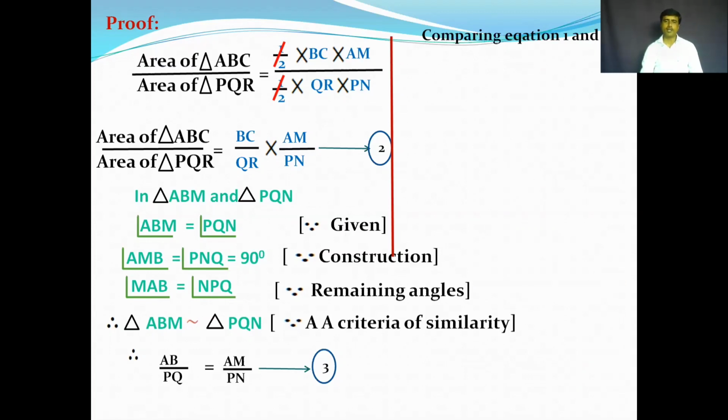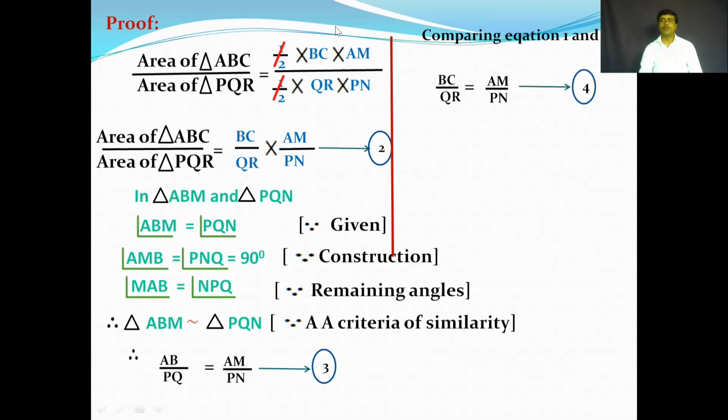Then in equation number 3, the same AB by PQ is equal to AM by PN. So using axiom number 1, things which are equal to the same thing are also equal to one another, on the basis of that, I can write BC by QR is equal to AM by PN. Let us call this equation number 4.